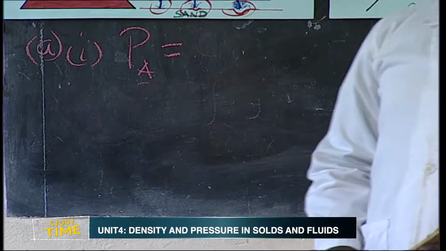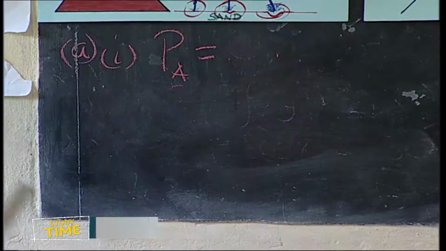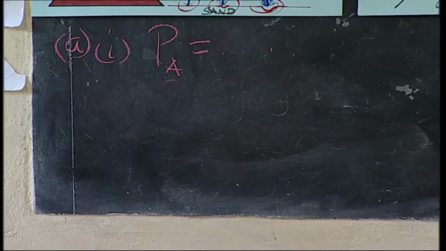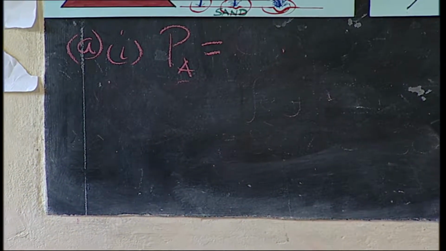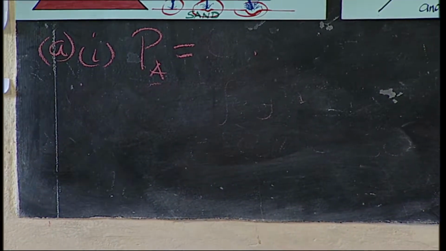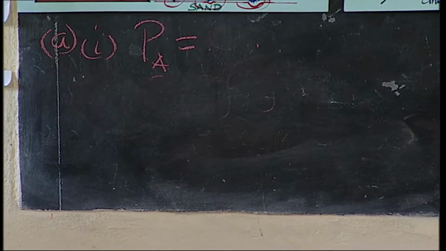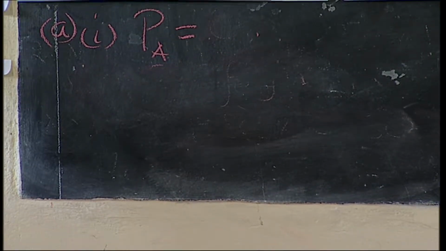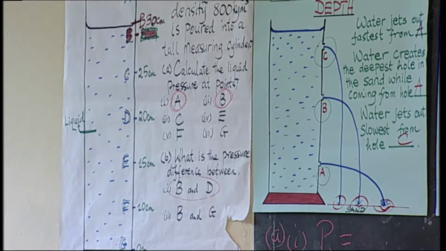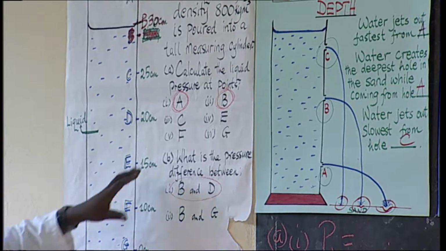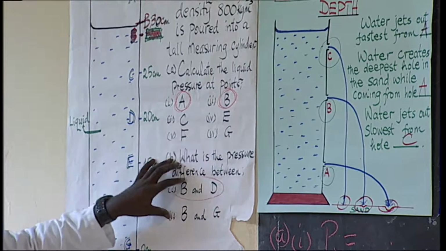Right. Remember, our previous homework was asking us to calculate pressure at different points in a liquid. So I am going to answer only pressure at A, just to check your answer, pressure at B. Then we also look at pressure difference between B and D. Those are the areas I'm going to look at. Otherwise, the rest are very similar to those two concepts.